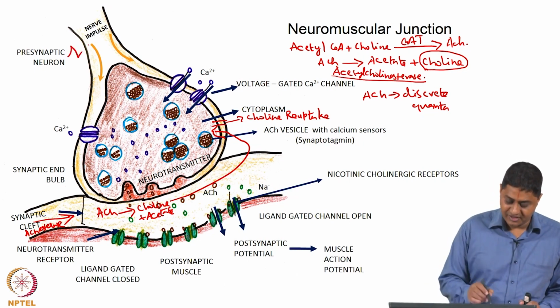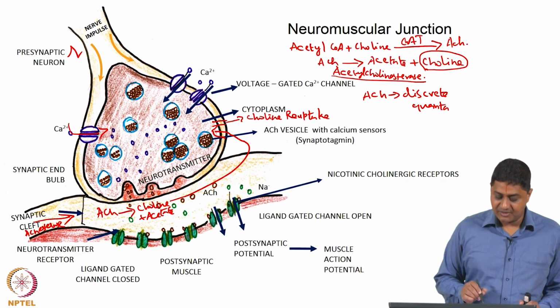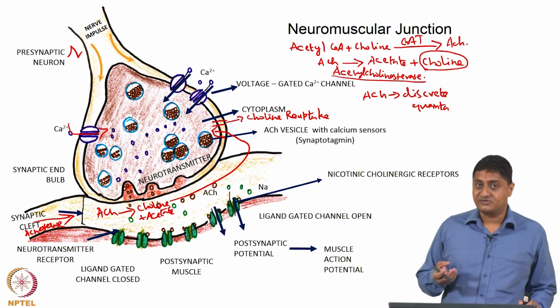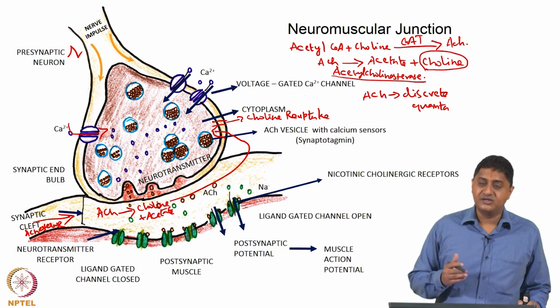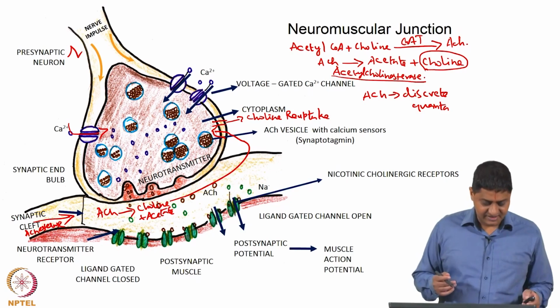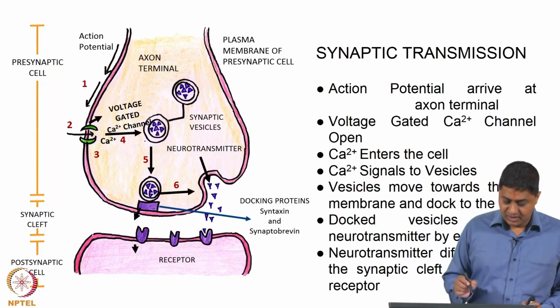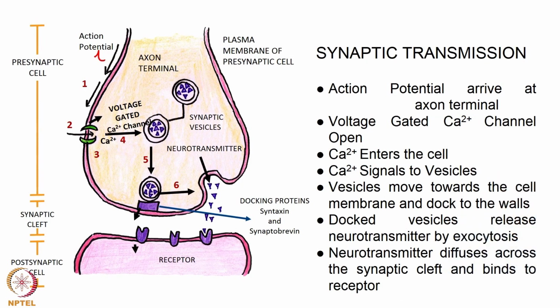So when an action potential arrives here, the calcium channels open, letting in a lot of calcium, and synaptotagmin senses the presence of this calcium. Synaptotagmin is the calcium sensor on the vesicle. It moves the vesicle closer to the cell membrane by the action of the docking proteins syntaxin and synaptobrevin.